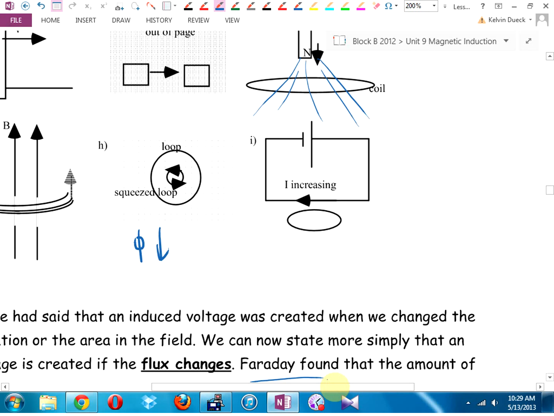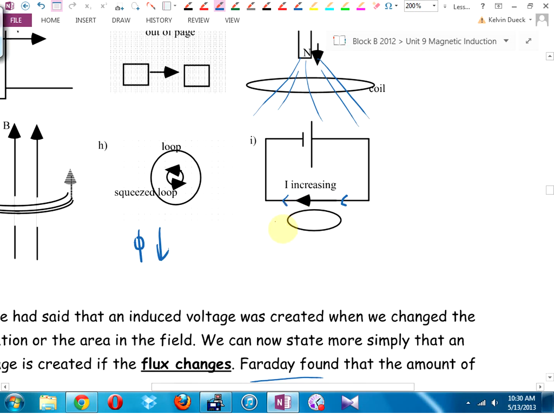Well, this is good review for your Friday test. This is the first right-hand rule that we learned. It said that if you had a wire that was carrying current, it generated its own magnetic field. How did you figure out the direction? You pointed your right thumb in the direction of the current, and your fingers curled in the direction of the magnetic field, which means above that wire, it's heading into the page, but below that wire, my fingers are curling out of the page towards me.